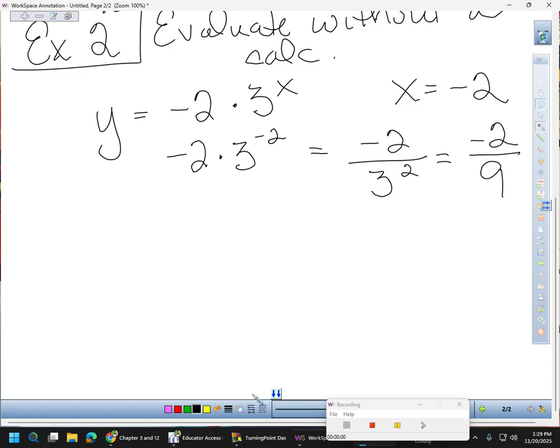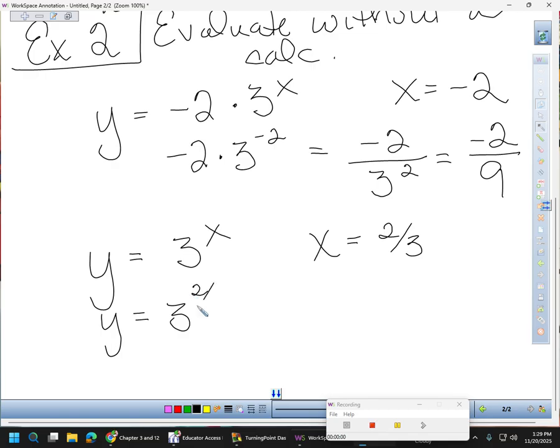Okay. How about this one? Let's say I have 3 to the x, and this time my x equals 2/3. So we have y equals 3 to the 2/3.